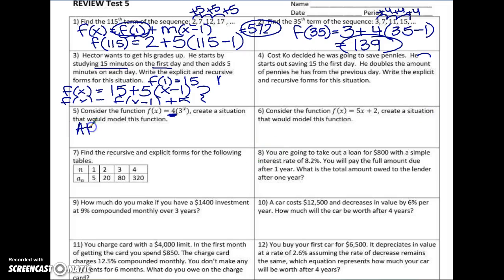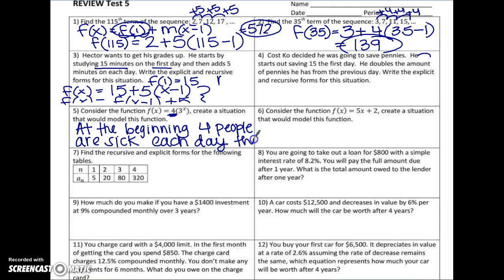At the beginning, 4 people are sick. Each day, they spread their sickness to 3 other people.